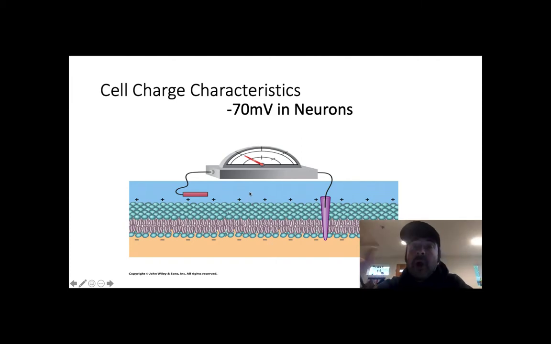Now, if I say resting membrane potential, what I'm saying is that a cell, like a neuron or a skeletal muscle fiber or a cardiac muscle fiber, when it's not firing an action potential, when there isn't an electrical signal passing through it, at rest, when it's just sitting there being a cell, the resting membrane potential is always negative in these cells.